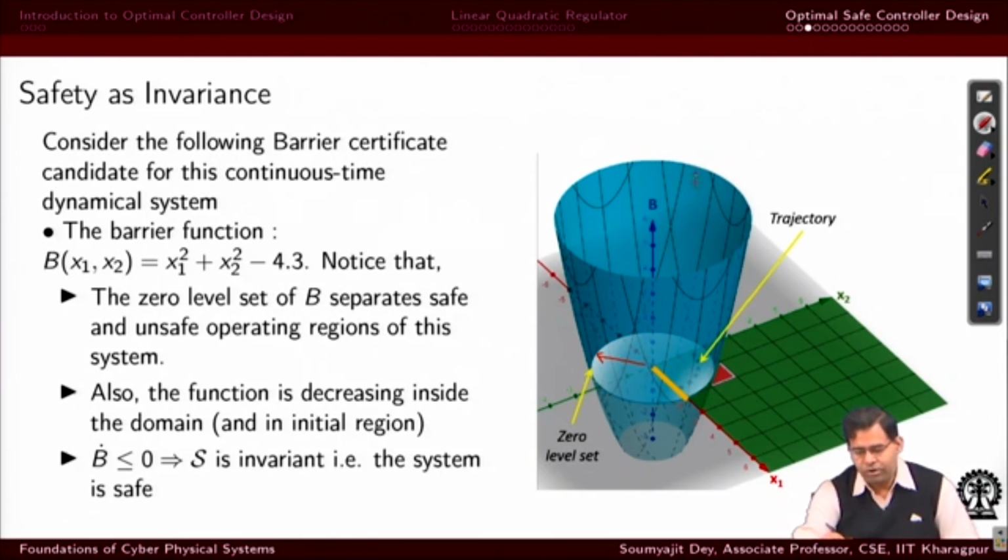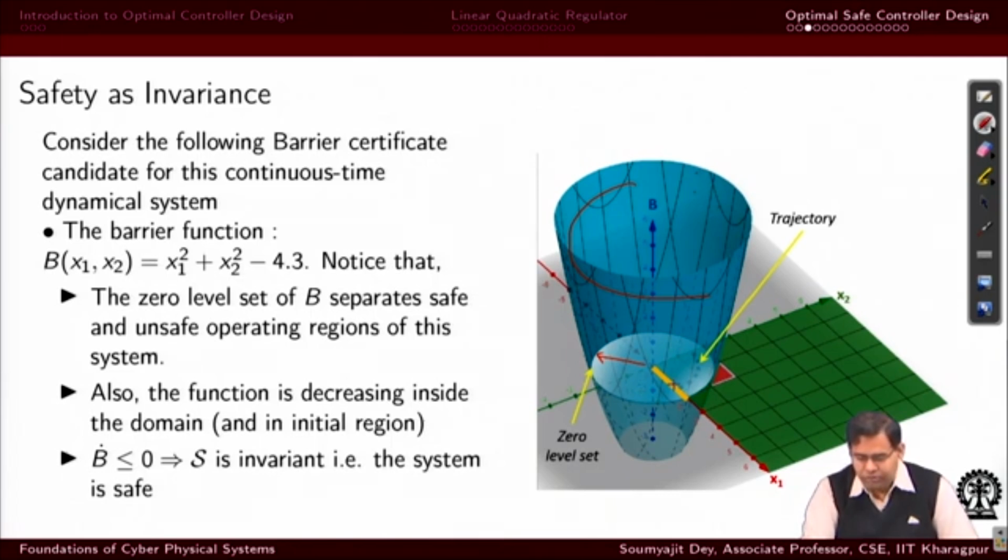The values of b all lie on the surface of this. It can move around like this. Ignore these black lines here. They represent the way the function's value will go, but it will always be on this surface, right. Now, this is my 0 level set.